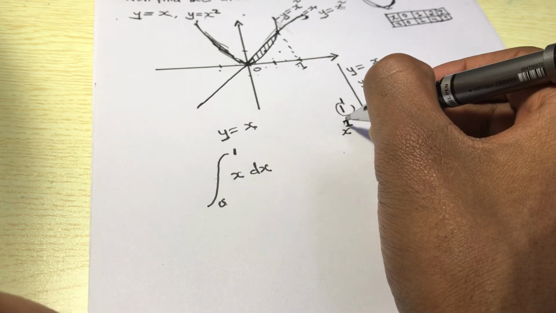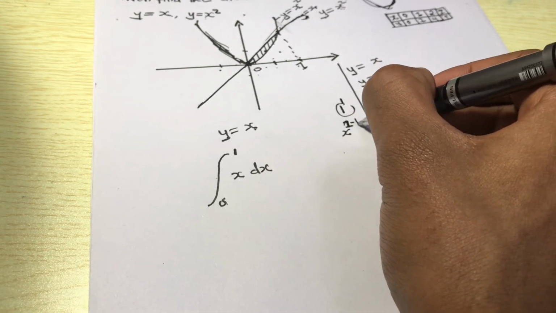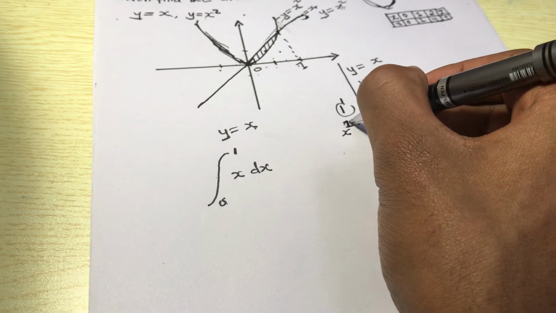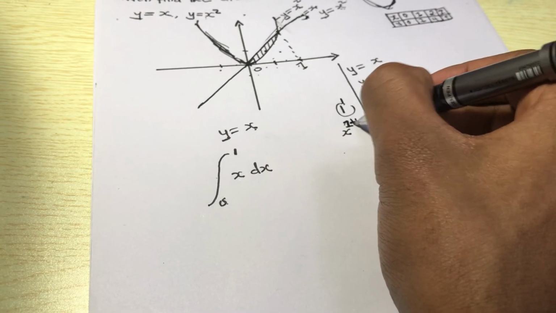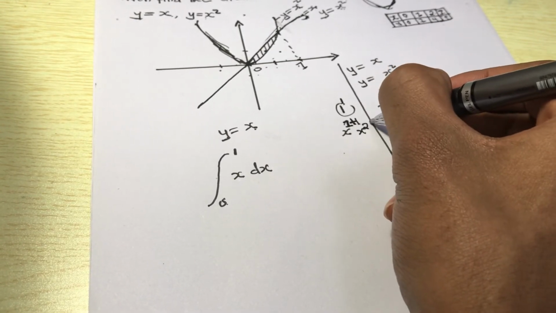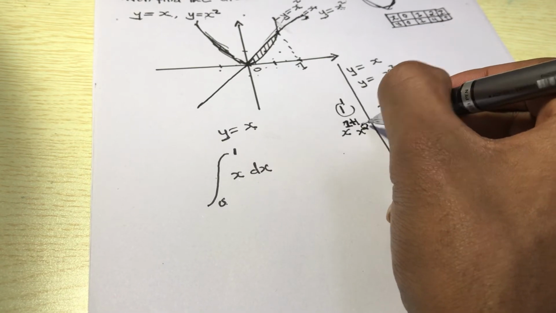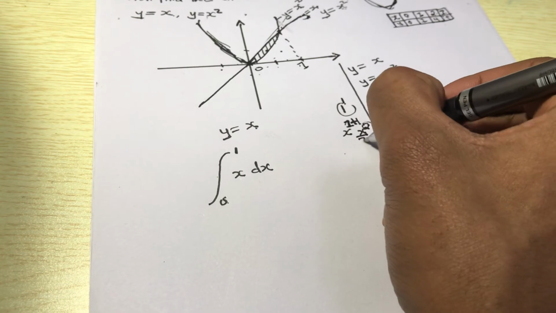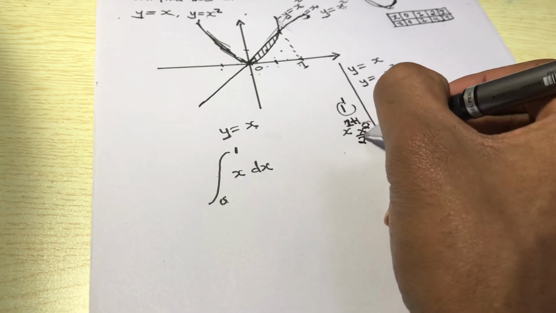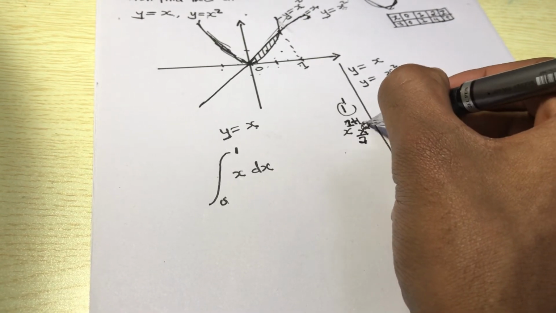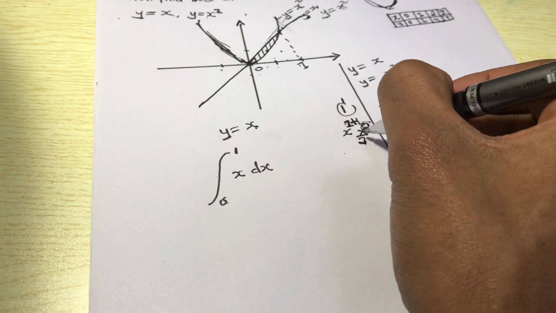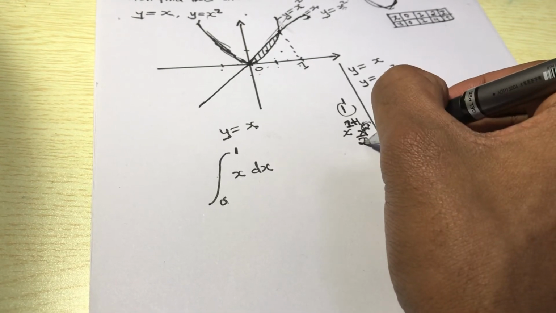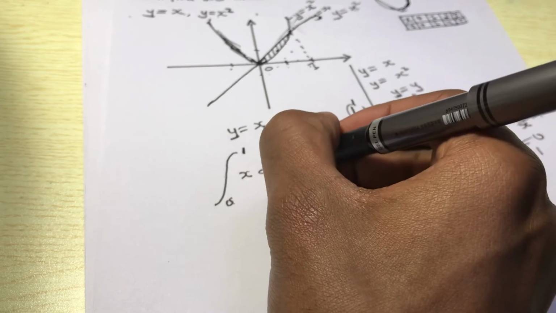Then in differentiation, we have learned that you subtract 1, but in integration it will be the opposite. You add that 1. So it will be x power 2. After you added that 1, the power that appears on top of this x will be divided by itself. So you take this power and divide by it.